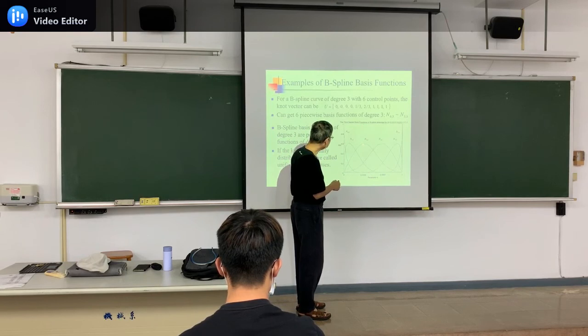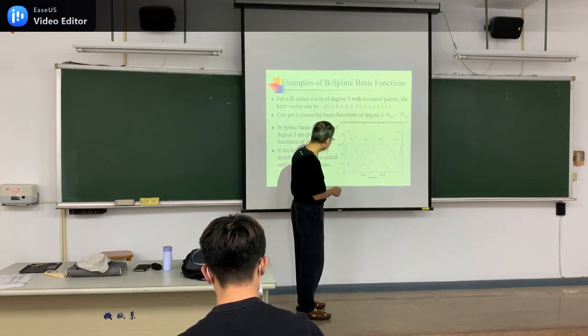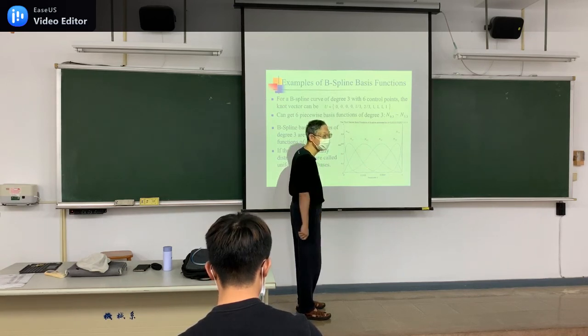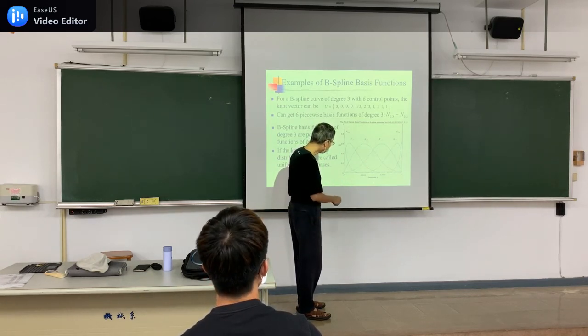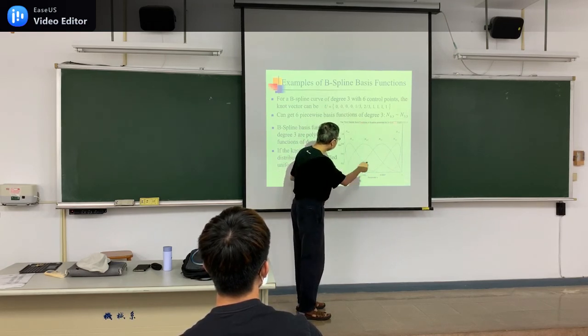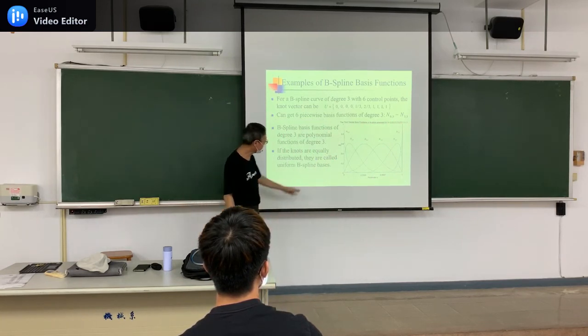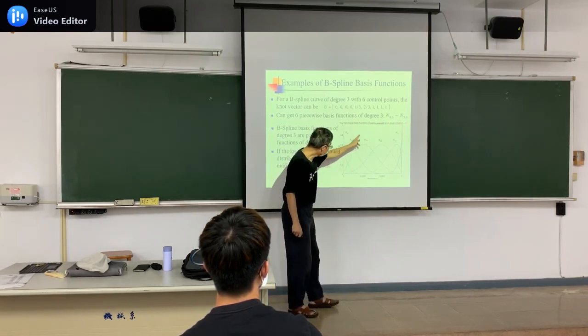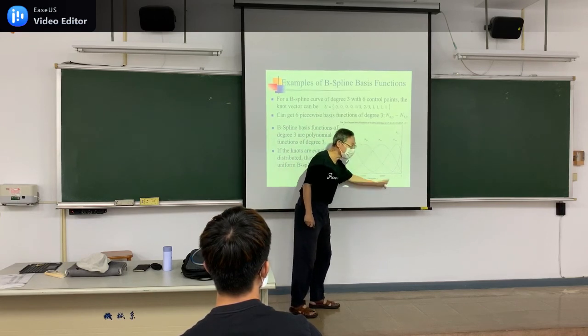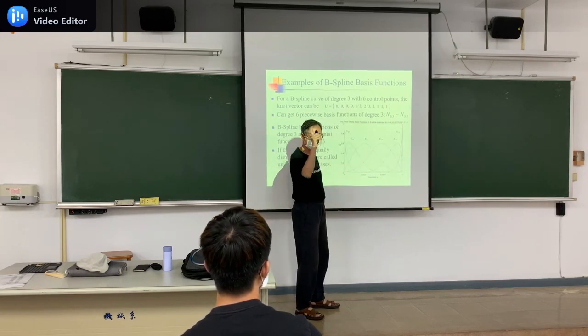As you can see, here is about 0.6, and here is almost 0.4. So this point plus this point plus this point will be 1. For each curve, the summation will be 1, which you can check.